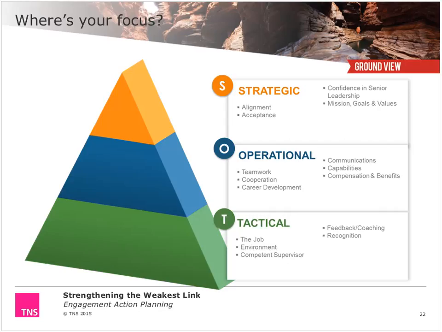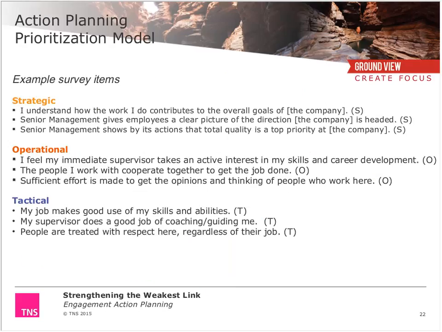So what we need is we need to be able to focus our frontline leaders on more tactical things. So what we've done in this action planning prioritization model, and we developed this and it was pioneered at a very large diversified manufacturing organization, and I'll show you some of the results they've received since then. Here are example survey items, strategic, operational, tactical, and you get the idea of where we're coming from.